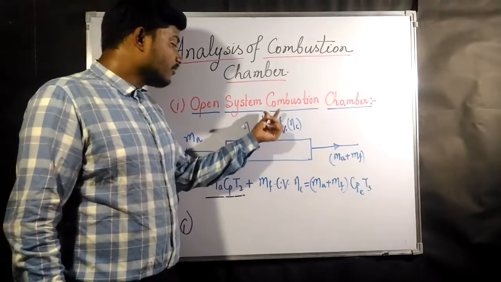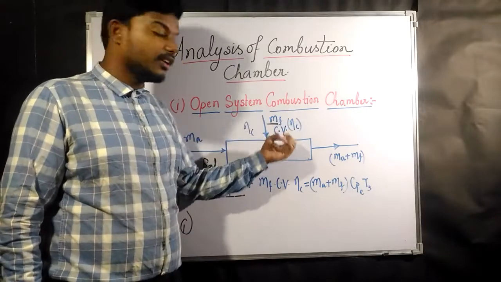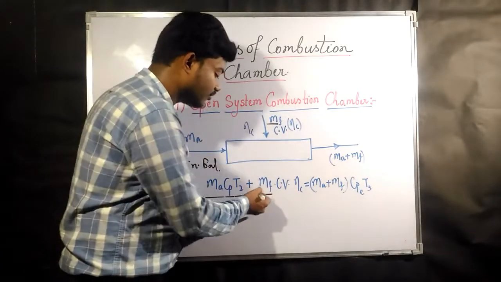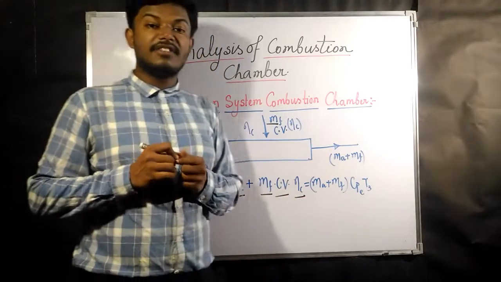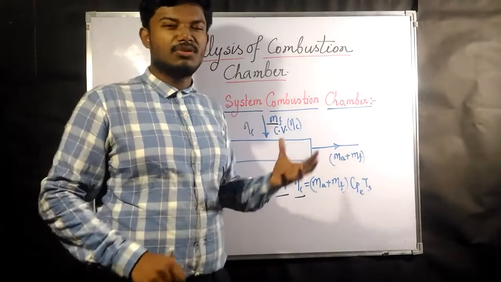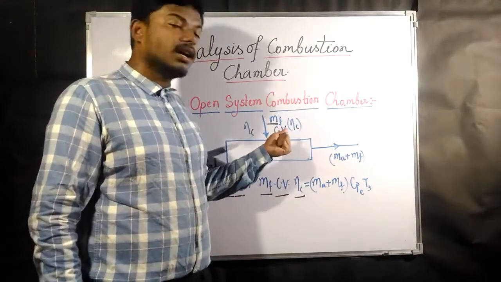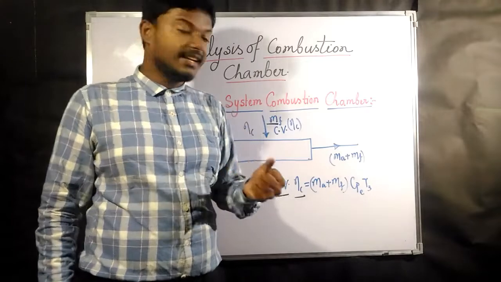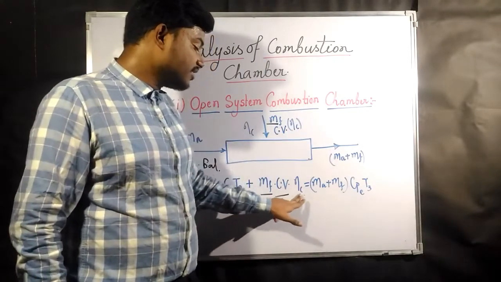So for the energy balance, the energy the fuel gives is the mass of the fuel into calorific value, multiplied by the efficiency of combustion, which gives the amount of the total heat that is going to be collected.